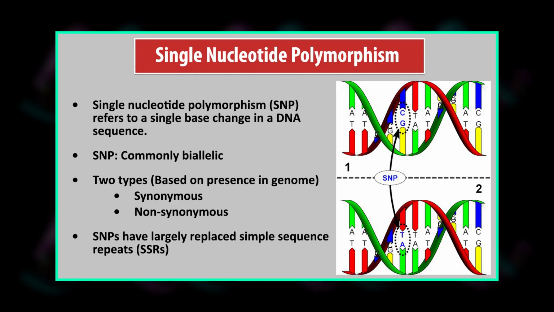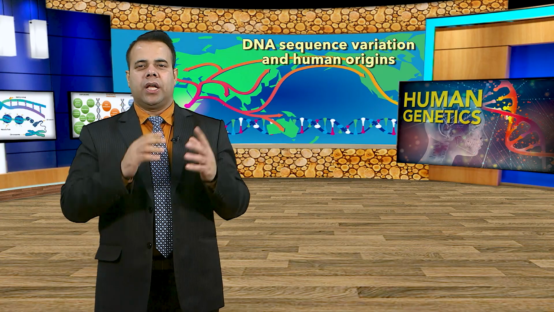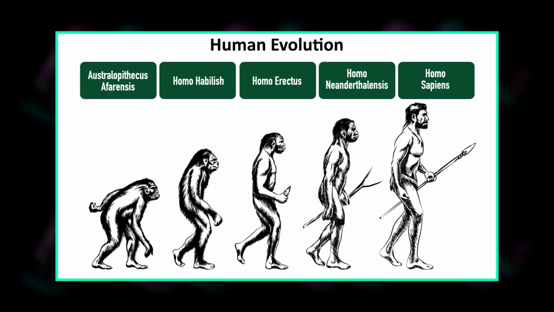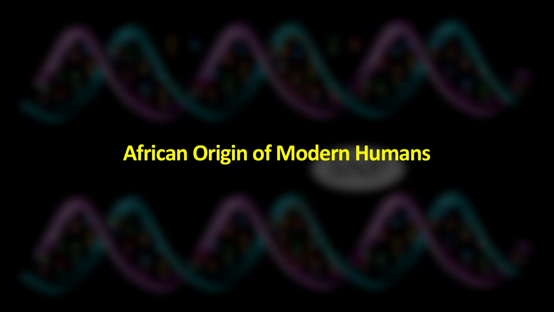More reliable estimates of such parameters can be obtained by analyzing multiple independent autosomal loci, that is single nucleotide polymorphisms or short tandem repeat polymorphisms. In addition, genetic data must be combined with archaeological, linguistic and historical data to achieve an accurate interpretation of human evolutionary history. Dear students, let us now discuss the African origin of modern humans.